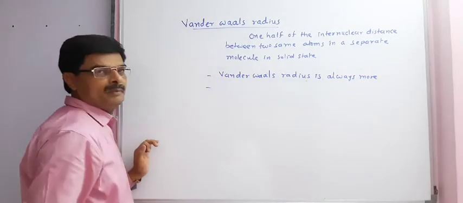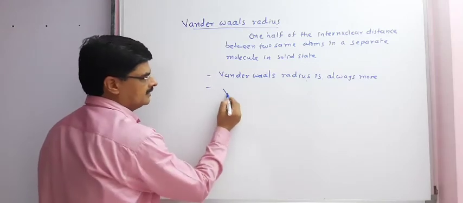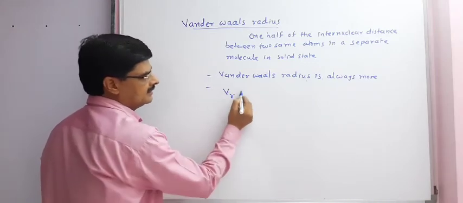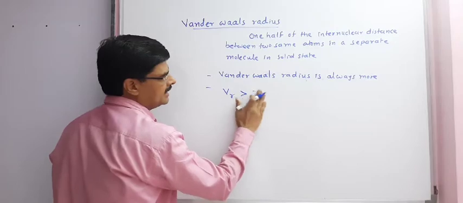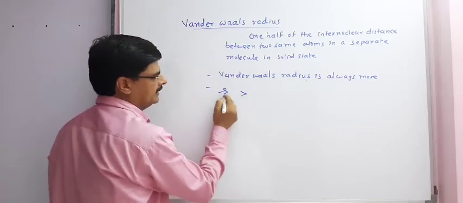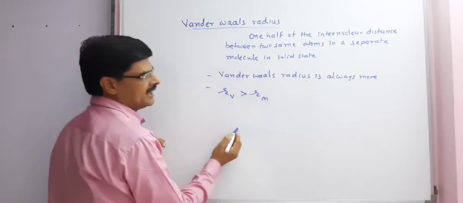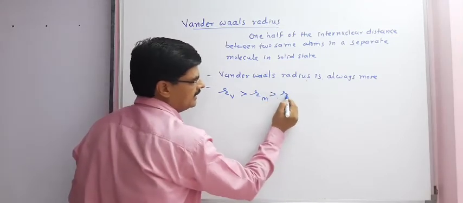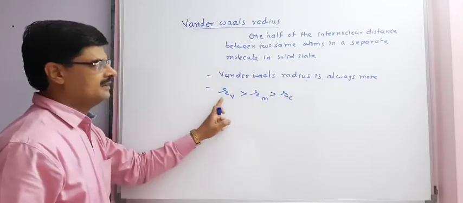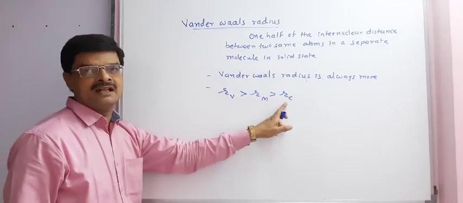So we can compare the radius: Van der Waals radius RV is greater than metallic radius RM, which is greater than covalent radius RC. RV greater than RM greater than RC.